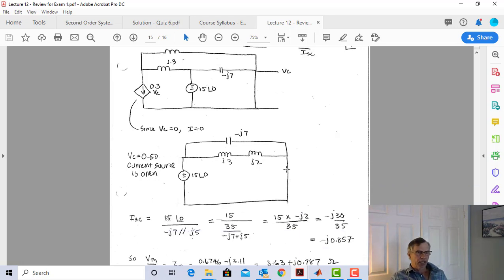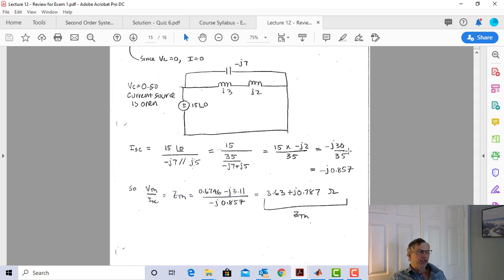So what I really want is this current right here. As you all know, I'm not in a hurry to use numbers. The short circuit current is going to be 15 volts divided by all this stuff, right? That's going to give me my short circuit current. And all this stuff is minus J7 in parallel with J5. So I really can't go any further now without putting in numbers, right?